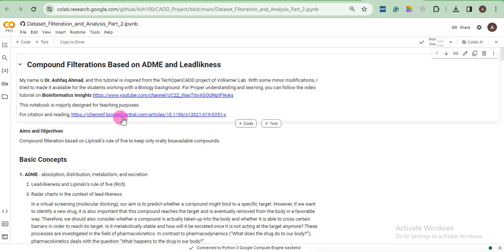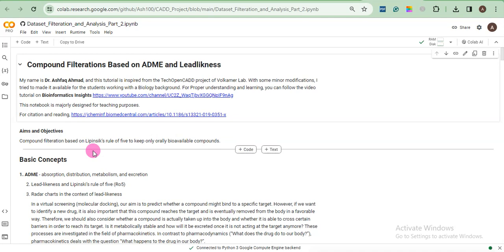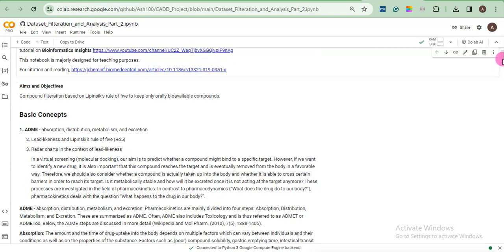This first section is about the introduction, so I don't need to repeat it. The aim and objective of this repository is that, once you finish, you will be able to perform compound filtration based on the Lipinski rule, or I would say based on the oral bioactivity of compounds.